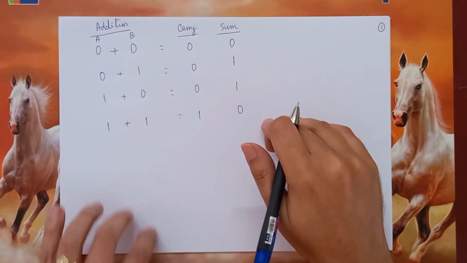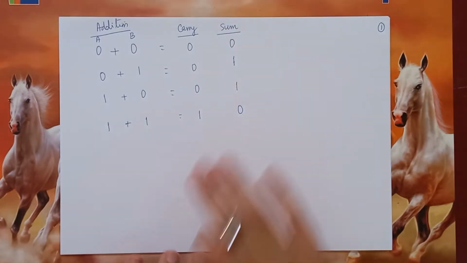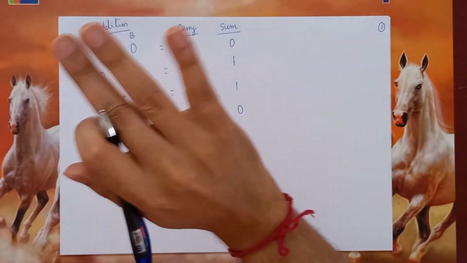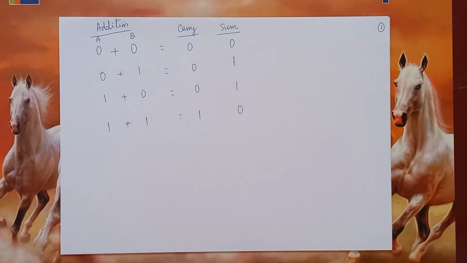So you can now see that the sum, which is an XOR operation of the two bits A and B, shows that even though the XOR logic gate we discussed a few classes back is neither a universal gate nor a basic gate, it still has important mathematical repercussions as far as binary arithmetic is concerned.